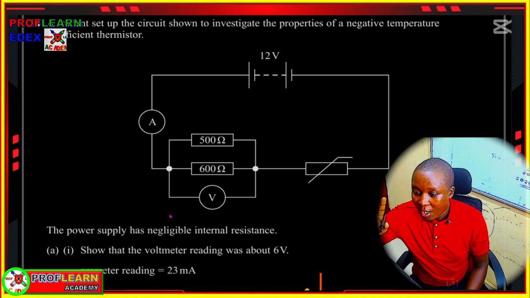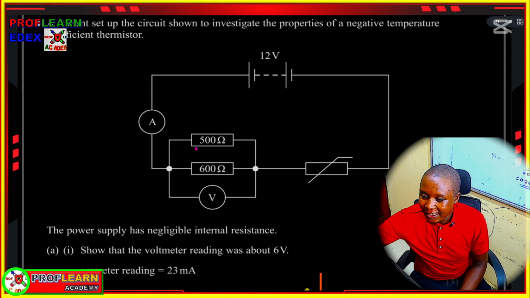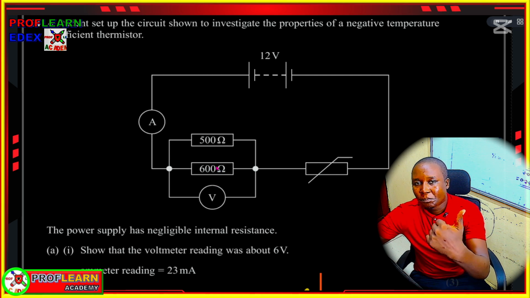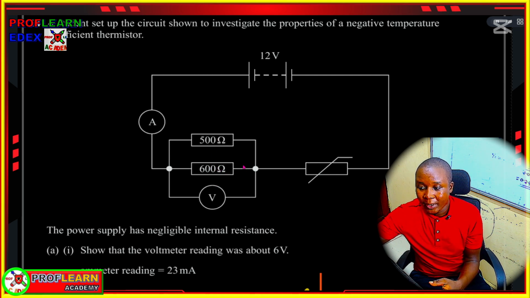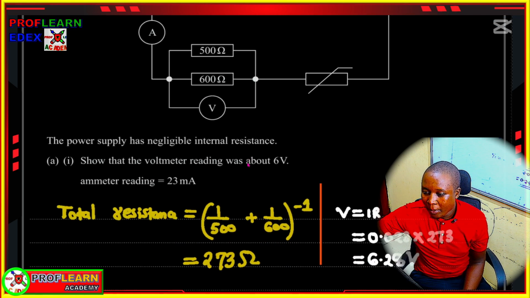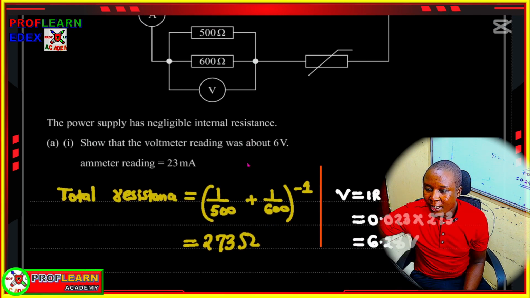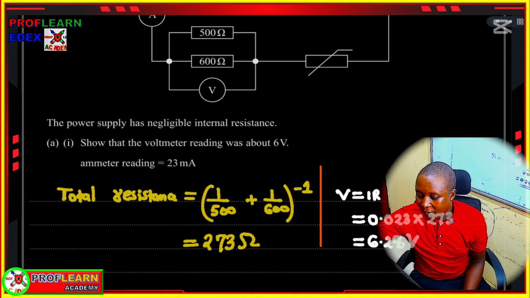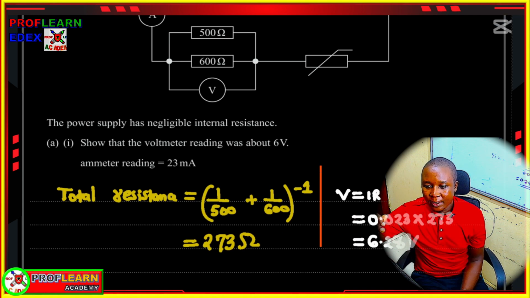So if we know the resistance that we have in this particular section, times the current, we can find the potential drop in this particular part. Total resistance when components are connected in parallel is given by 1 over R1 plus 1 over R2, raised to the power -1.